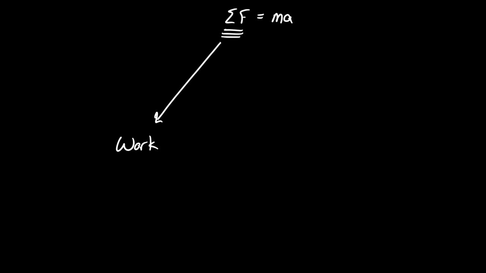If the force was unbalanced, then net work was usually done. A certain amount of energy that was given to the object to cause a change in kinetic energy. Right? This would have been something like force times distance, or the net force times distance. And it would equal 1/2 mv final squared minus 1/2 mv initial squared.